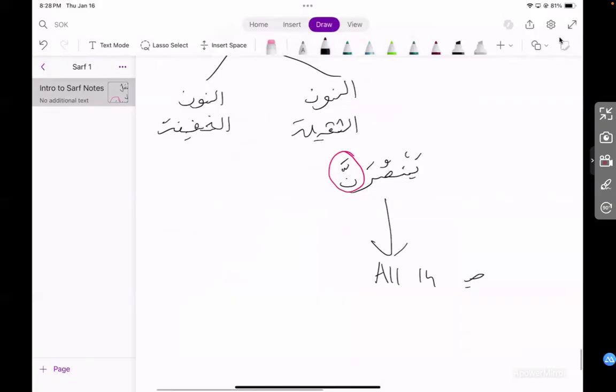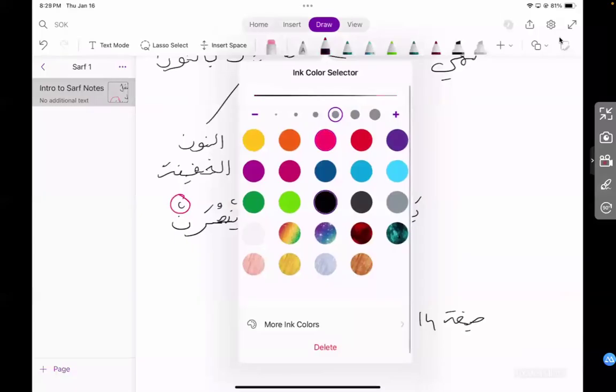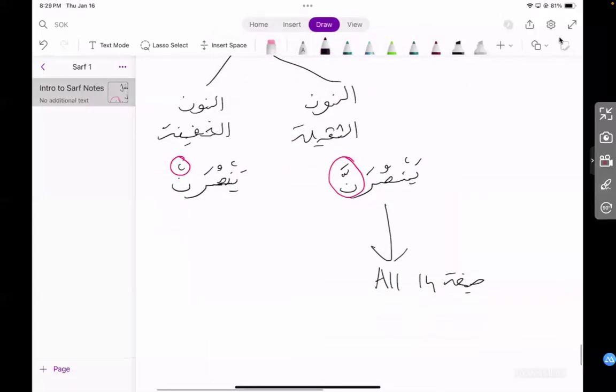When it comes to noon al-khafifa, it looks almost the same, with the exception that the noon does not have a shadda. Yansuran, it has a sakin, as you can see right there. This doesn't have all 14 sighas, but fewer. I forget the exact number, I think somewhere around 6 or 8.